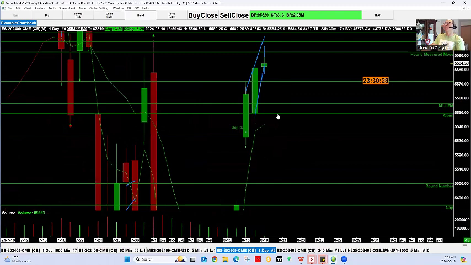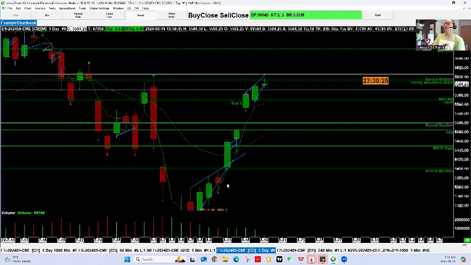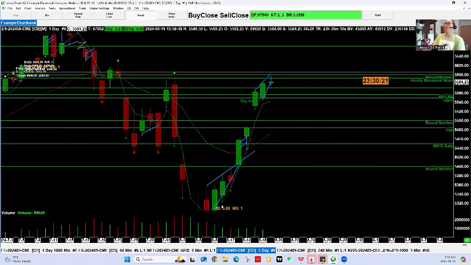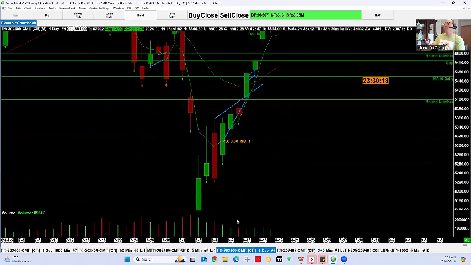Daily chart. Very strong up move. There's no bear bars.